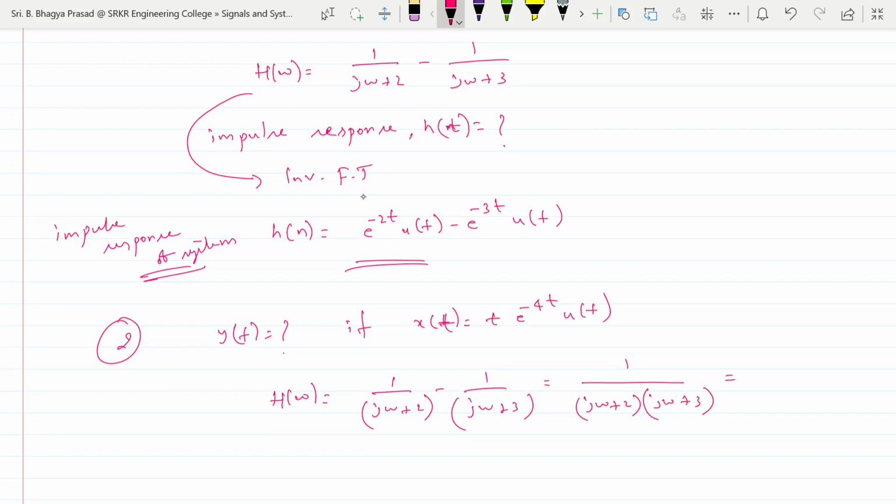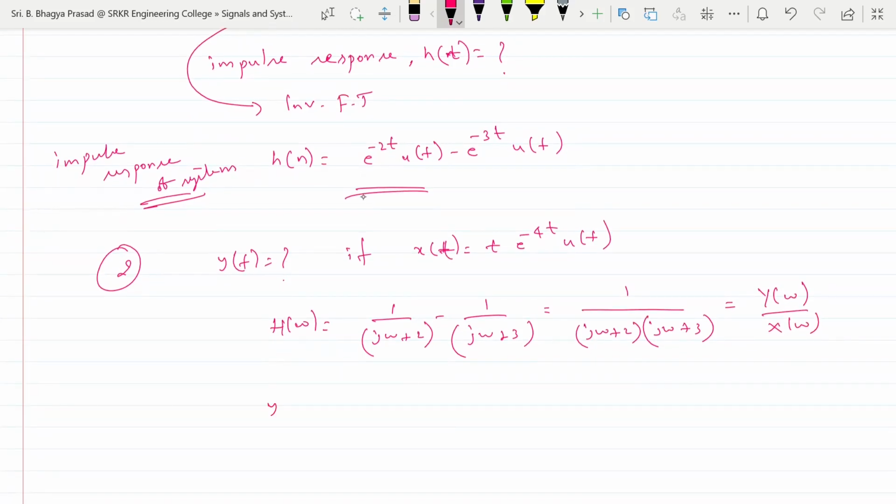This is Y of omega by X of omega. So we have to find out what is y of t, that is the inverse Fourier transform of Y of omega.